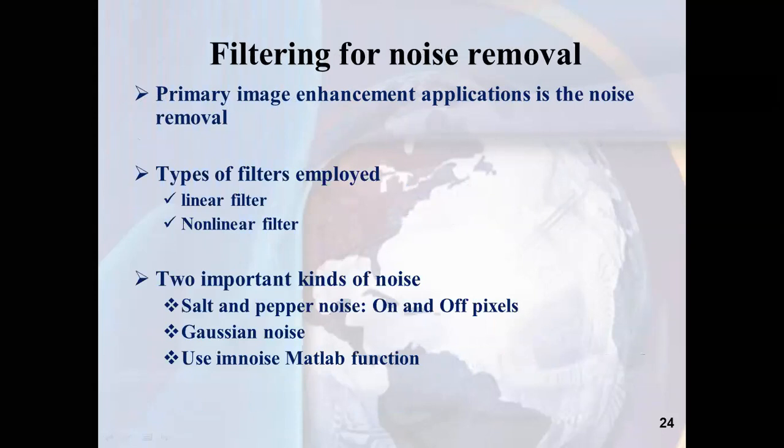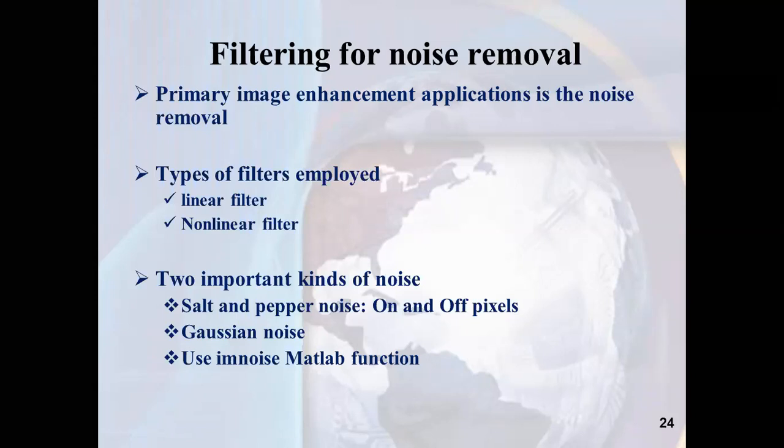And we have many kinds of noise that can affect images. The two most important and most used are salt and pepper noise, sometimes called impulse noise, which we talked about before. As we said before, we talked about this salt and pepper.